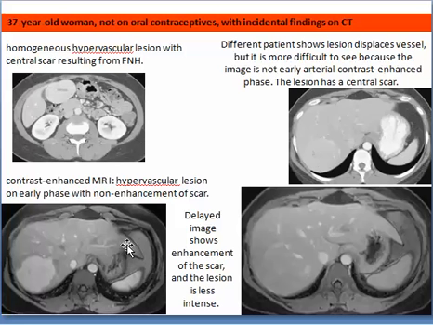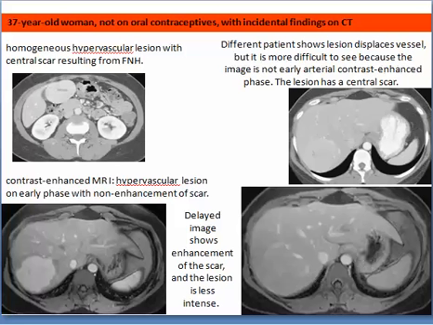MRI was done, early arterial showing early enhancement of the region except for the central scar, but late both the scar and the mass are enhanced similarly.